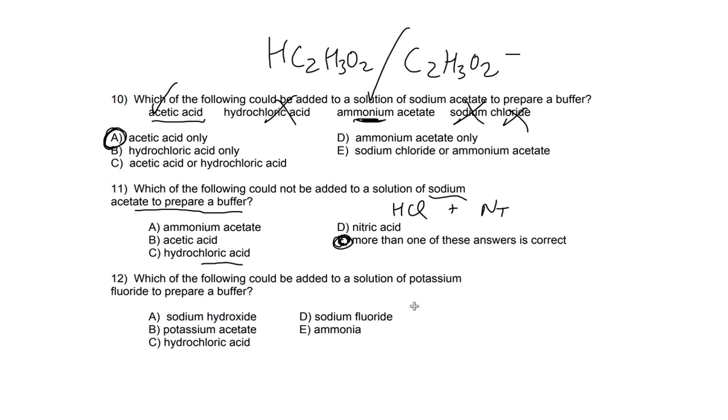Twelve. Which of the following could be added to a solution of potassium fluoride to prepare a buffer? Well, KF. I know that's a heartbreaker, it leaves an F minus. So what I'm really looking at is I need the acid with it, and it's not present. It's not there.